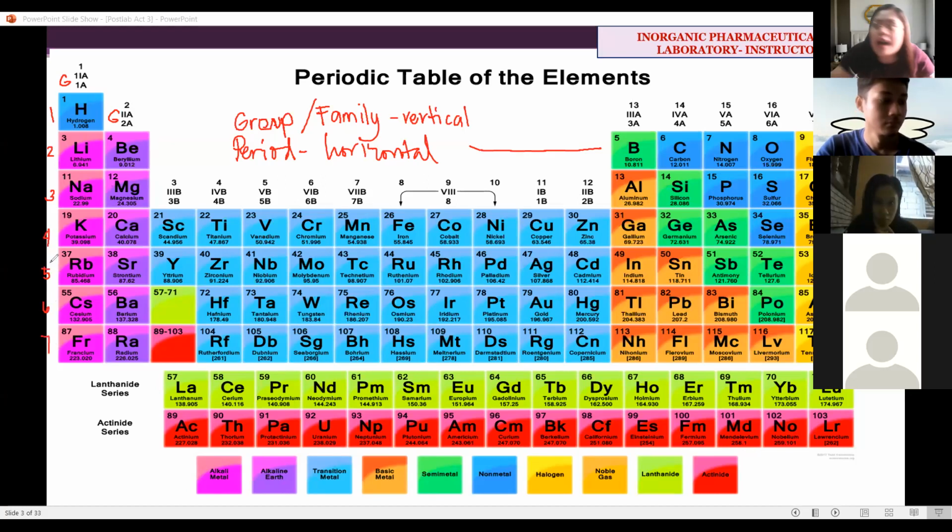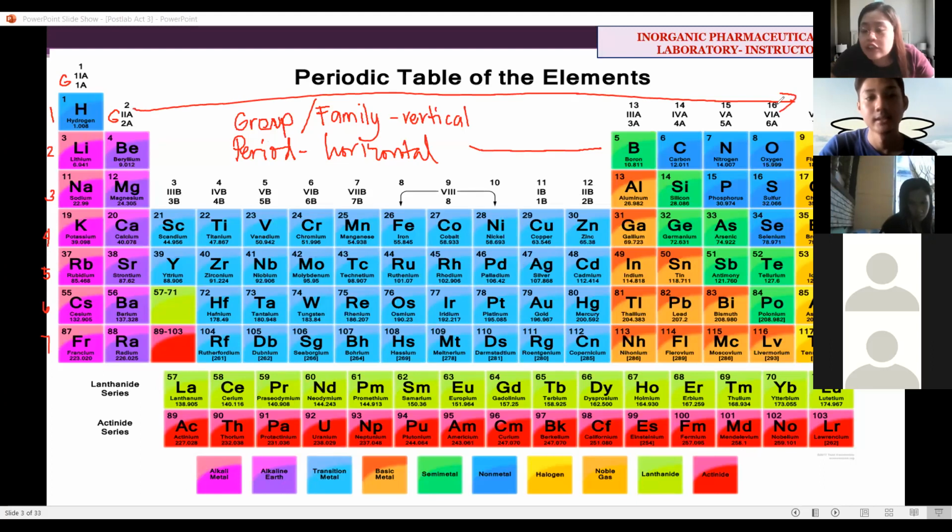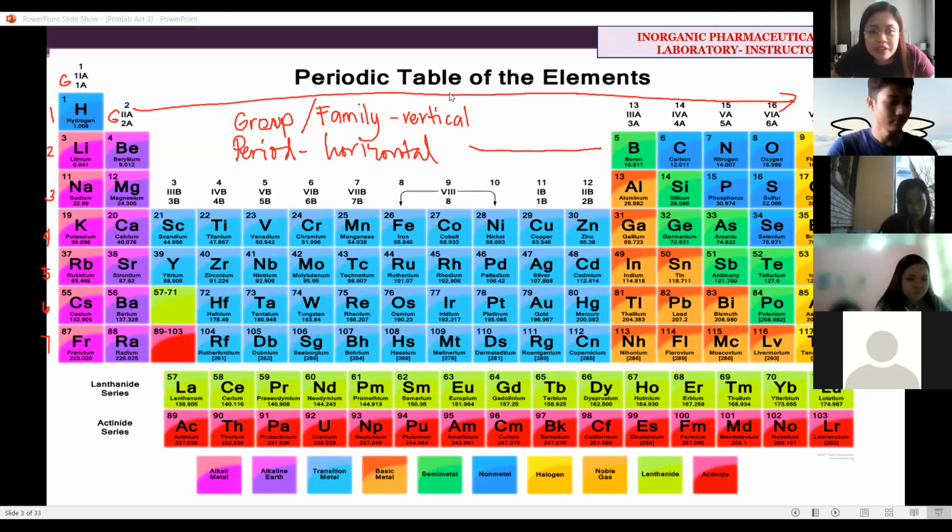So if you are asked how many periods are there in the periodic table, we only have 7 periods. What elements belong to period number 1? We only have 2 elements there, of course, hydrogen to helium. That's period number 1. So again, that's the horizontal grouping in the periodic table.